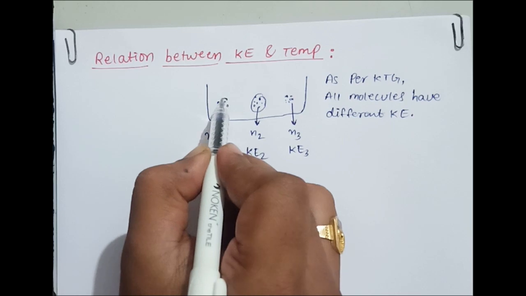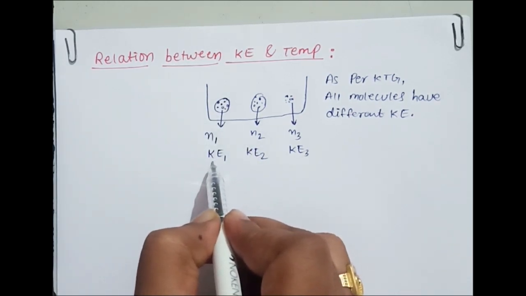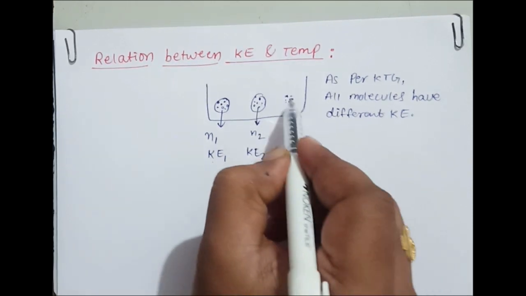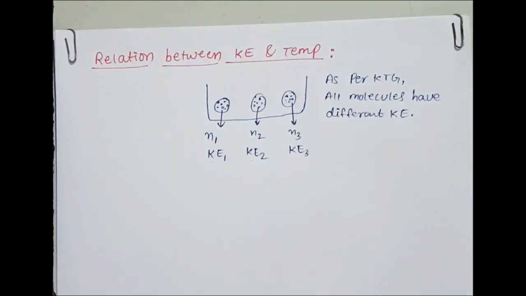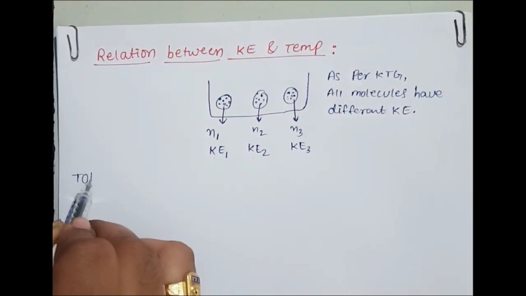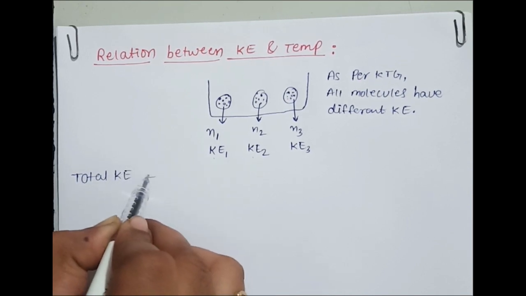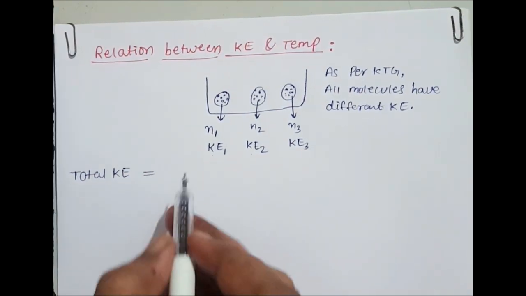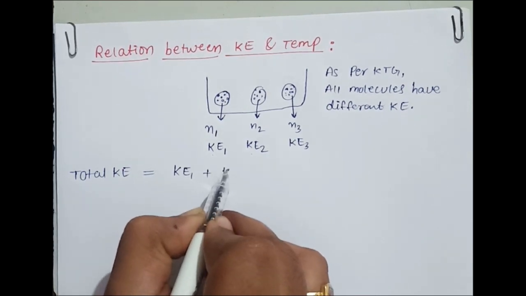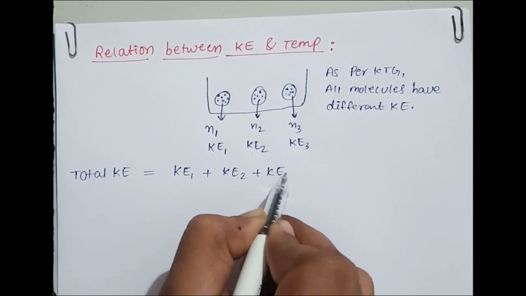There may be some bunch of molecules where their kinetic energy is the same, and another bunch of molecules whose kinetic energy is the same, like that. Now I want to find the total kinetic energy. So the total kinetic energy is equal to the sum of the individual kinetic energies, which means KE1 plus KE2 plus KE3 and so on, right?